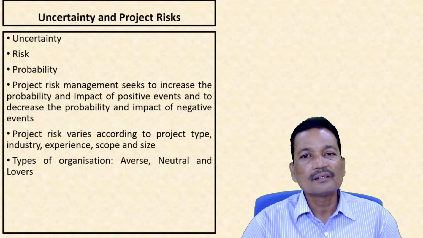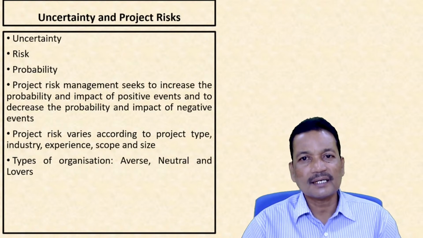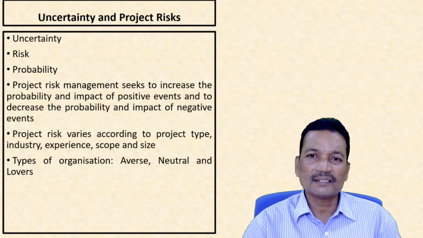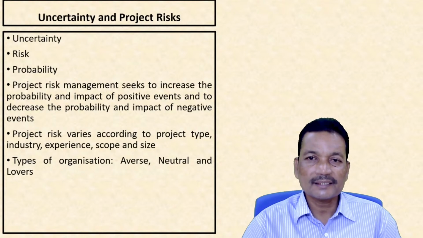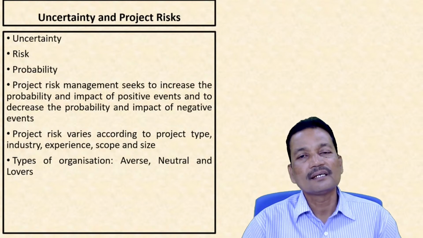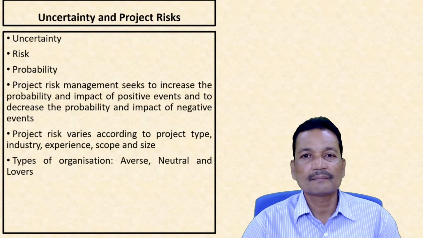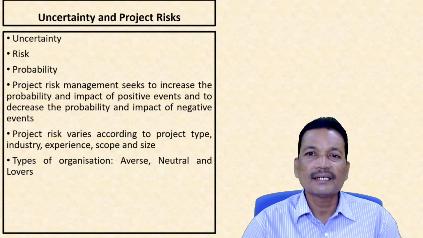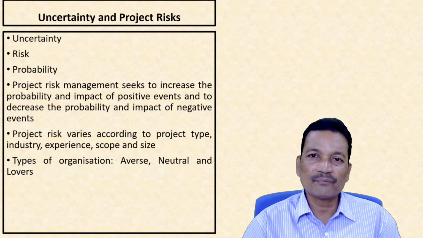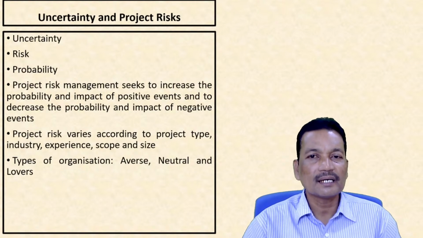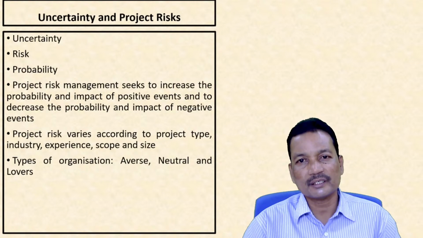Here, three types of organizations are there. One is risk averse. From the name itself, we can say the organization is not willing to take risk. If it is taking risk, it will want a higher amount of returns or benefits from the project as compared to the cost involved.